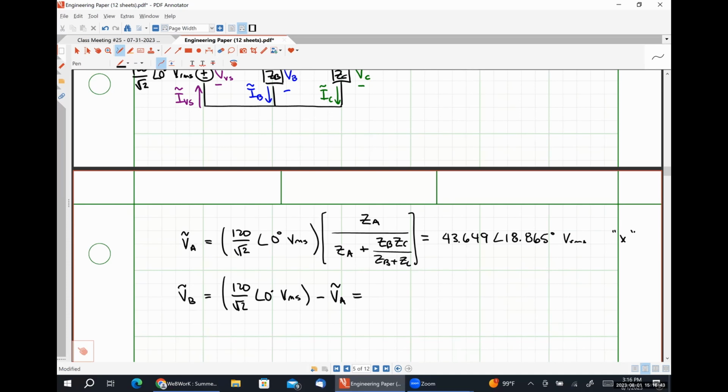So I'm just going to throw this in my calculator, 120 divided by √2, angle 0 minus what I have stored as X gives me 45.778, angle negative 17.957 degrees, volts RMS, and I'm going to store this as Y.